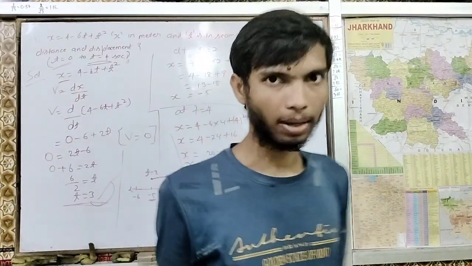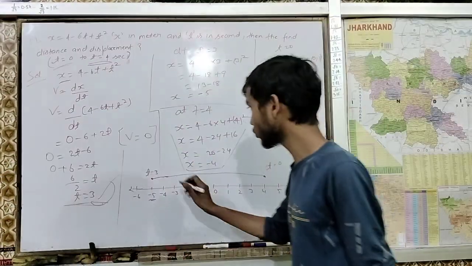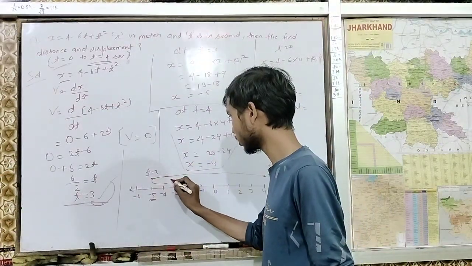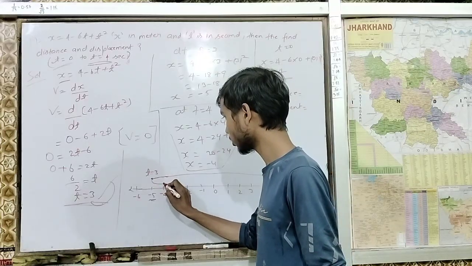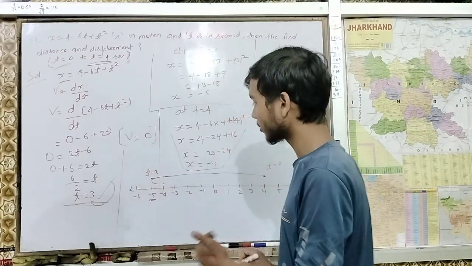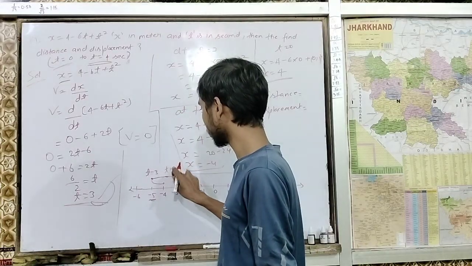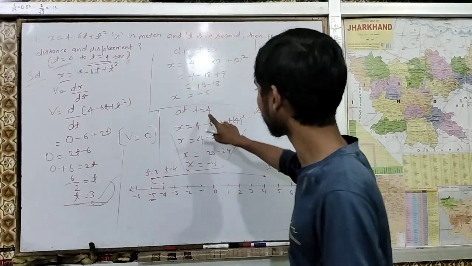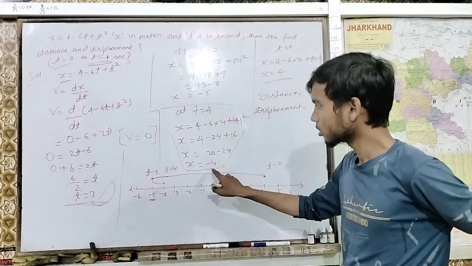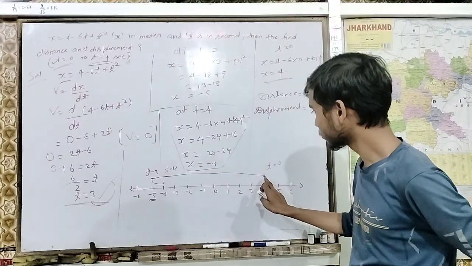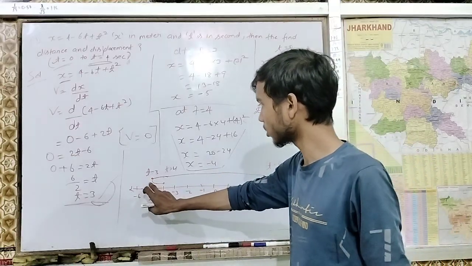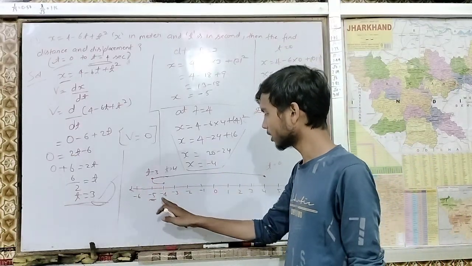it takes a back step. At t is equal to 4 over here, it is taking a back step. It starts moving from here and it reaches minus 5.